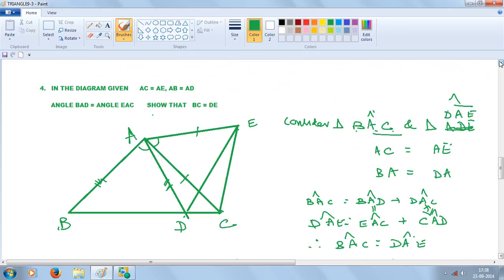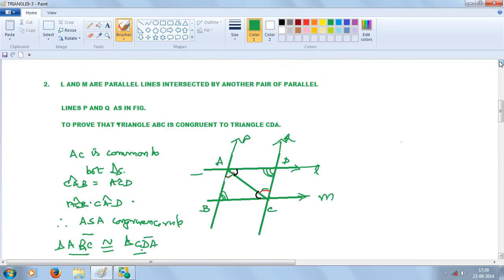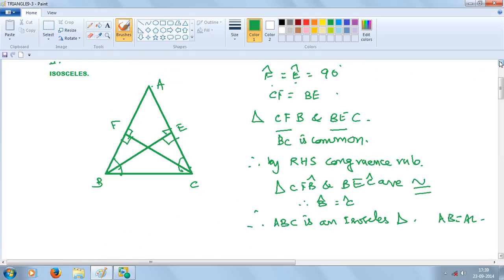We have to find exactly the order in which the triangles are congruent, and then check whether length or angle comes in the same place as you give the answer. For example, in the first problem, when angles F and E are perpendicular, this angle F should come in the middle, meaning here E should be in the middle. The same order should come.